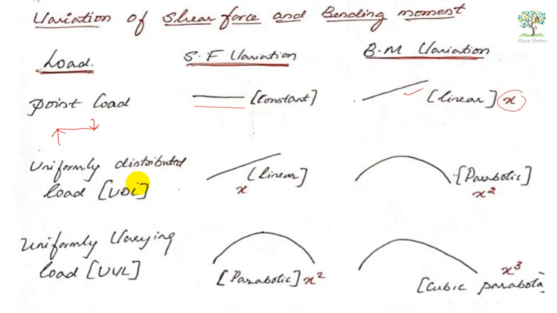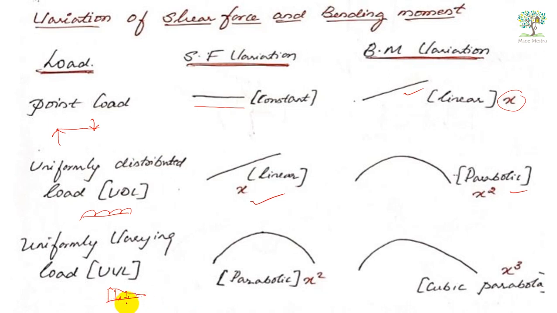Similarly, if it is a UDL, uniformly distributed load, between the two points of UDL, shear force will vary linearly and bending moment will vary parabolically, second degree parabola, right? If it is a UVL, that is uniformly varying load, also called what? Triangular load.